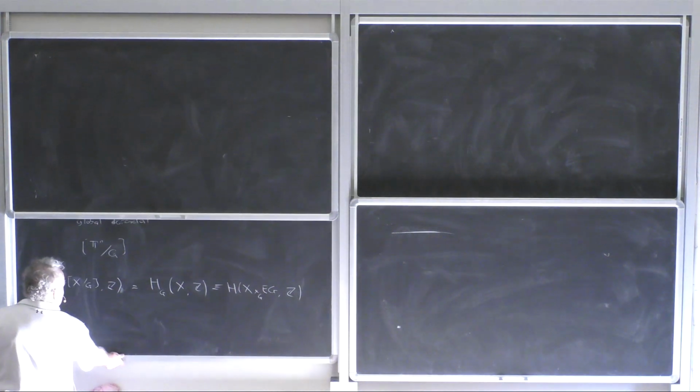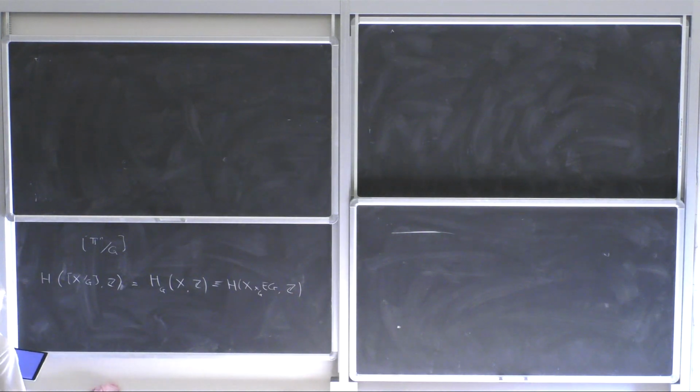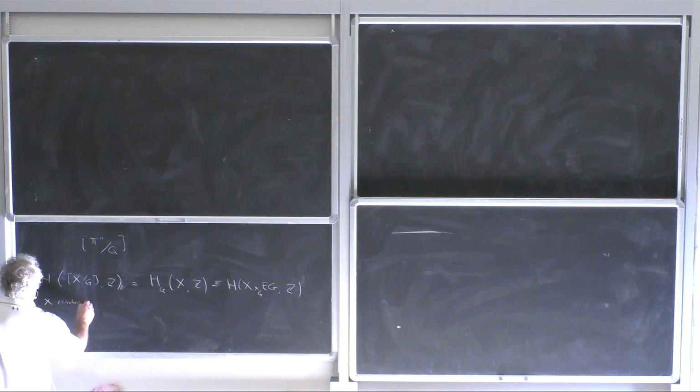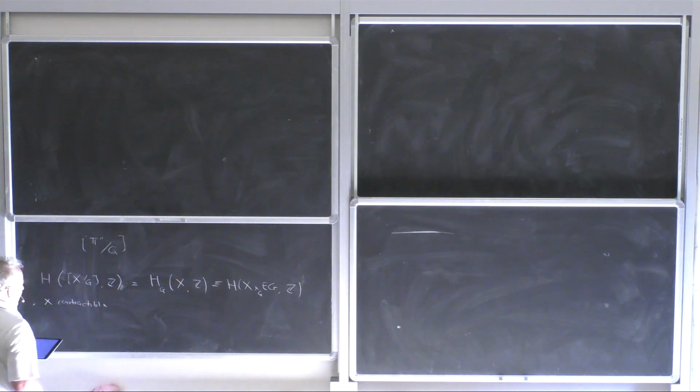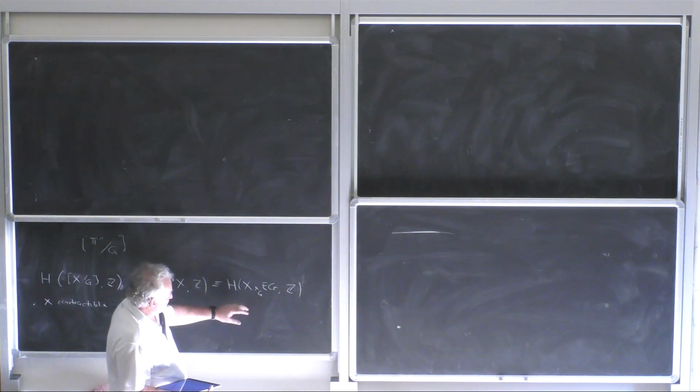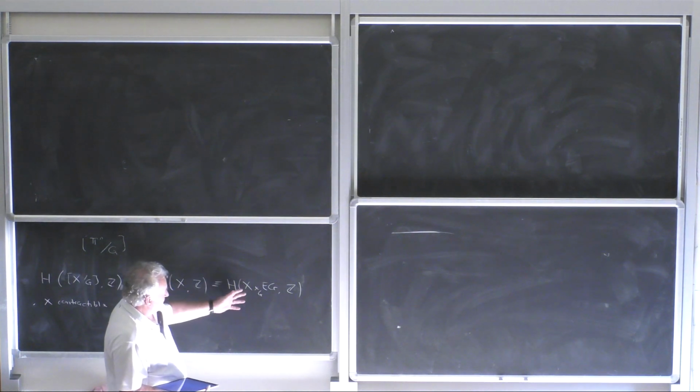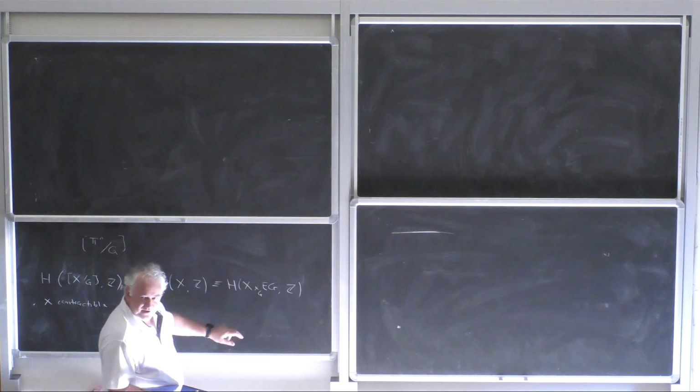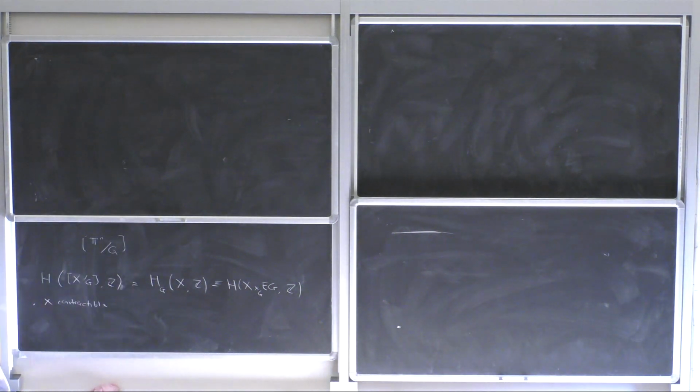So there are various situations in which this simplifies. If X is contractible, what happens here is that it mixes the manifold structure with the group structure. And if you want to do computation, it would be much nicer to describe everything just in terms of groups.